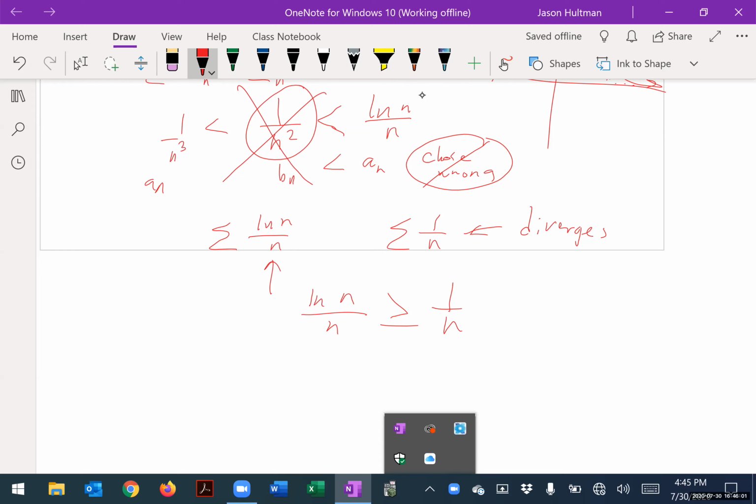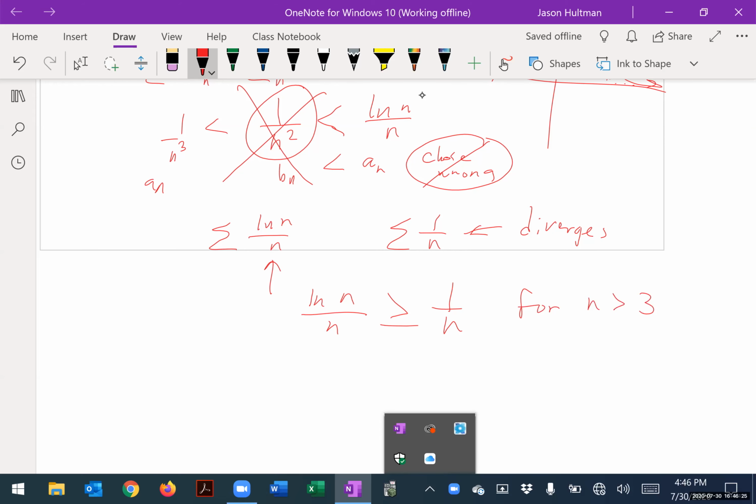For, and I'm going to put a little caveat in this, for n greater than 3. It kind of has issues in the beginning, but as long as we start at 3 or above, we're good.